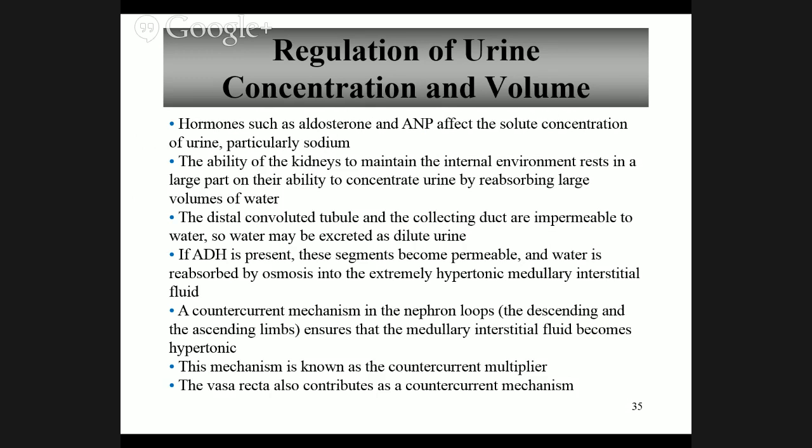Blood flows slowly down the descending portion of the vasa recta, and sodium chloride enters it by diffusion. Then as the blood moves back up toward the renal cortex, most of the sodium chloride diffuses from the blood and re-enters the medullary interstitial fluid. So consequently, the bloodstream carries little sodium chloride from the renal medulla, preserving the gradient.